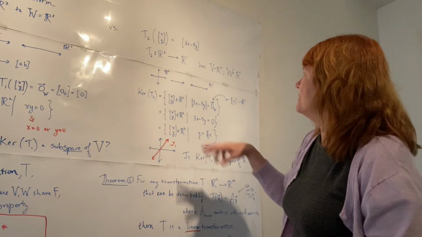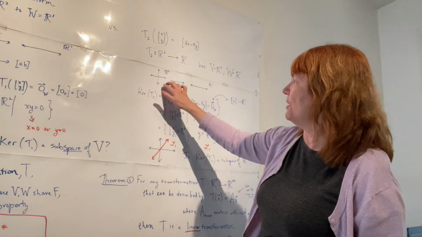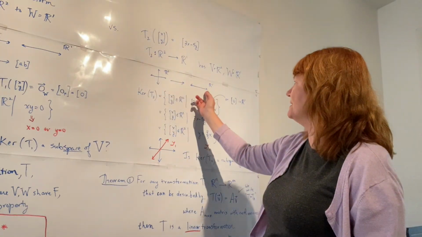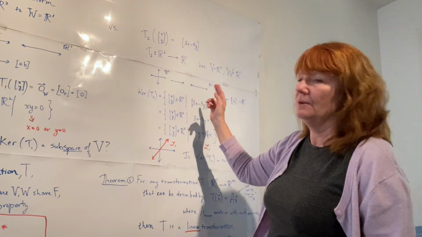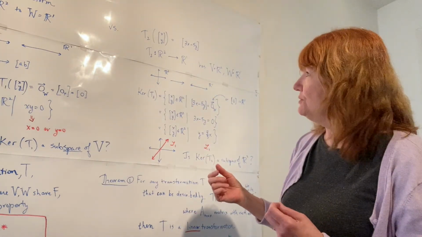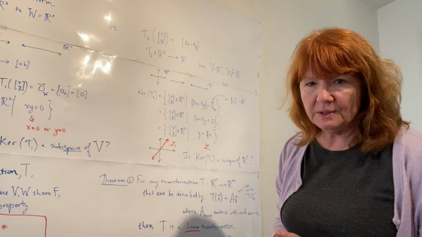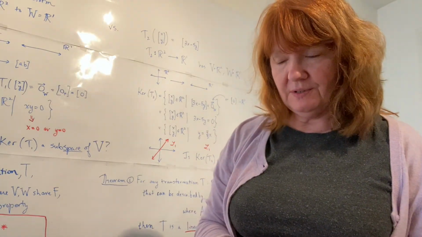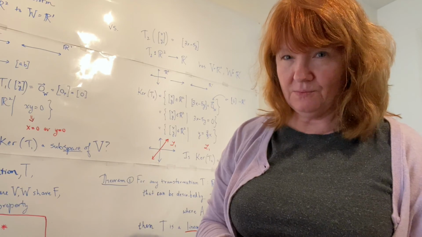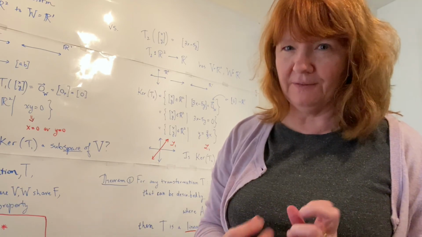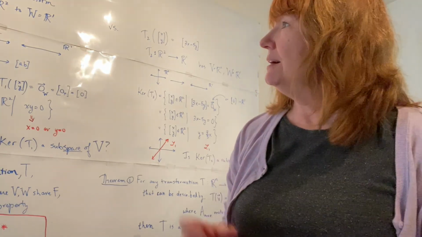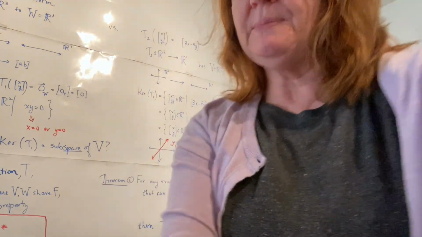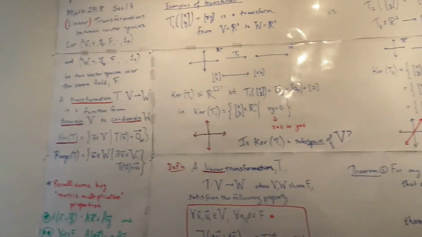So that's a mapping, a function from R2. Take any vector in here and you get a vector in R1. Those are examples of two transformations. Only one of those is what we're going to call a linear transformation, and linear algebra is really the algebra of linear transformations. But let's get a little bit more specific about what we mean by a transformation.